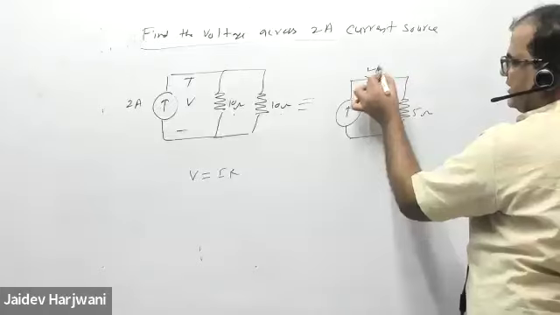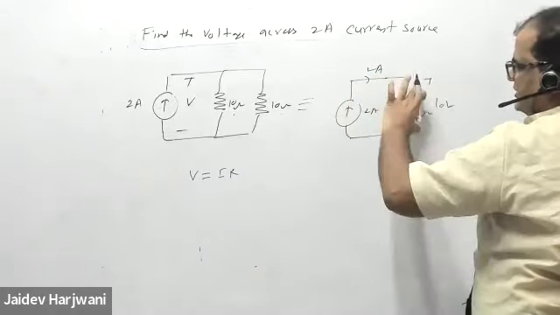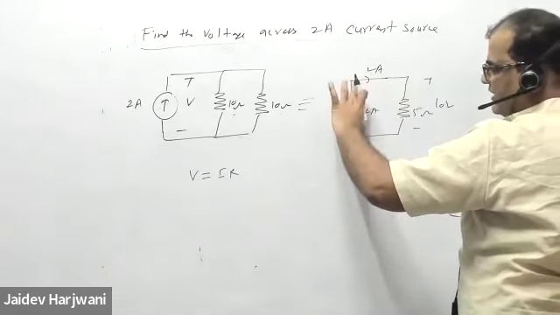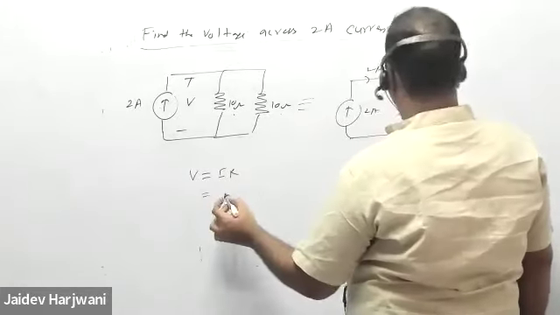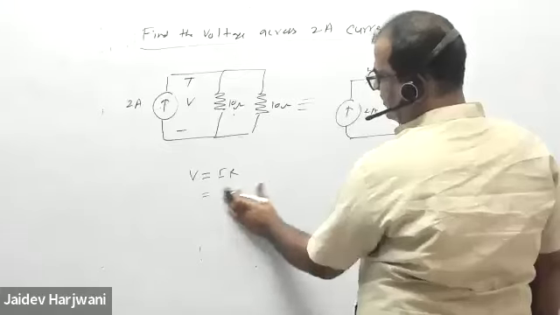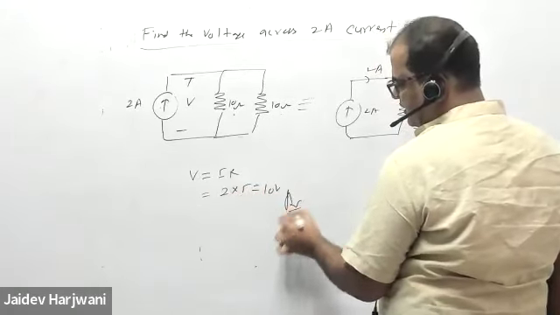Voltage is always the same in parallel, so whatever voltage is here will be the same here. So your V will be 2 into 5, that is 10 volt.